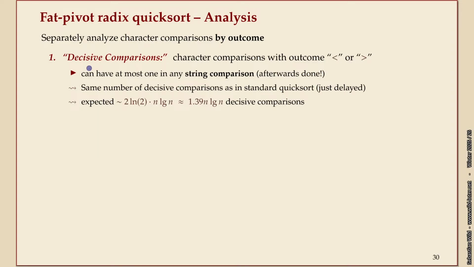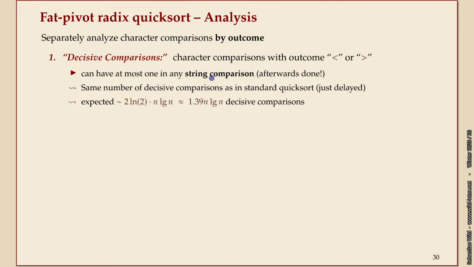The reason they're called decisive is that if you were to compare two strings, then there might be a bunch of character comparisons that come out as equal, but then once the first one comes out as less or greater, you're done. And they decide the string comparison.